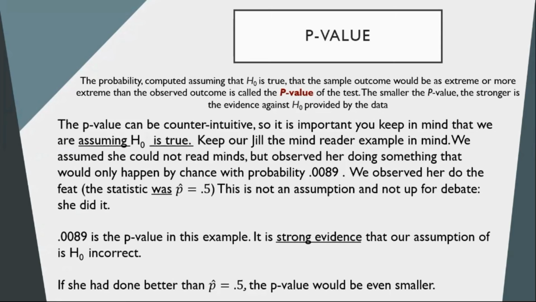So that p-value of 0.0089 is really strong evidence, because if she was just guessing, she just did something sort of miraculous. If she had done even better than that 50%, the p-value would be even smaller because it would be even harder to do by chance.